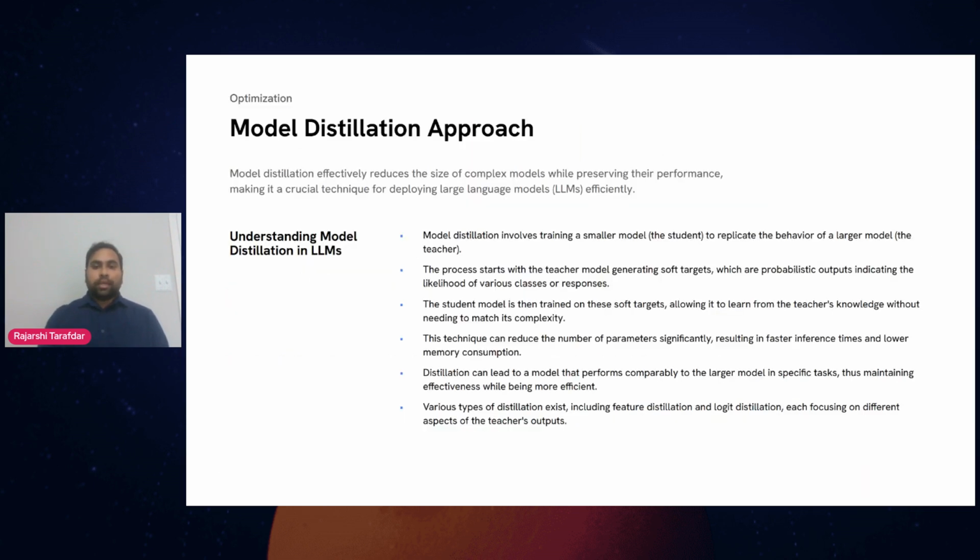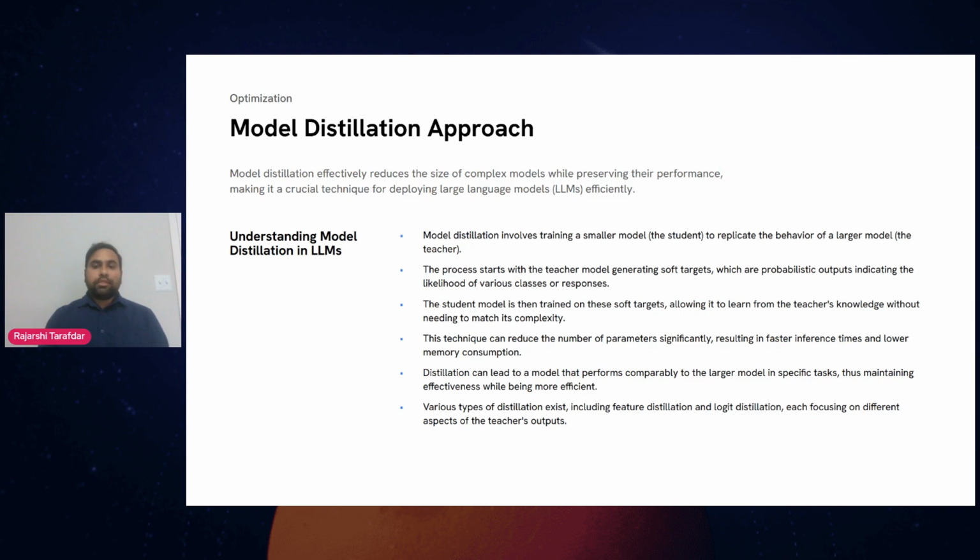So it's basically about training smaller models to replicate the behavior of the larger models. The process starts with the larger model, I mean the teacher model, which generally provides soft targets, and there can be various likely responses.